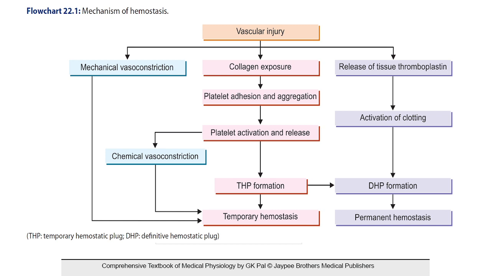Then coming to platelet activation, the aggregated platelets at the site of injury release a very important hormone called serotonin, which is a chemical vasoconstrictor. Vasoconstriction means decreasing the size of the blood vessel. And next, it initiates temporary hemostasis. So this is the general sequence of steps in hemostasis.